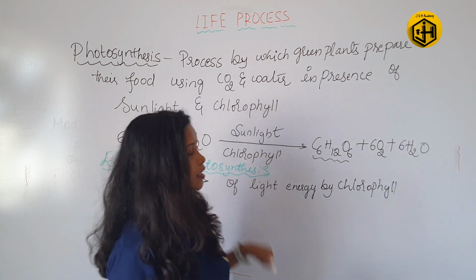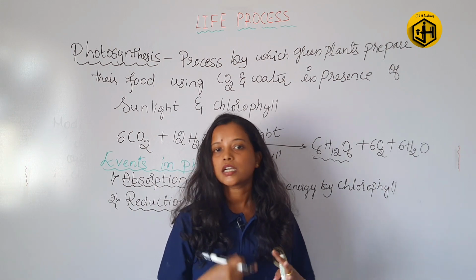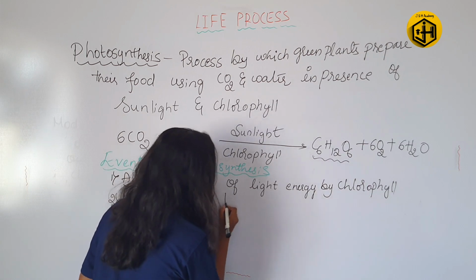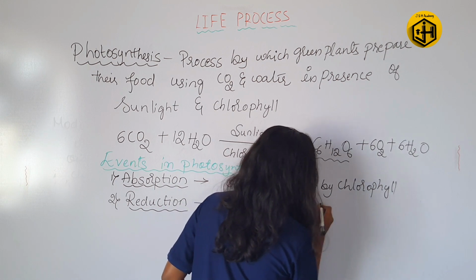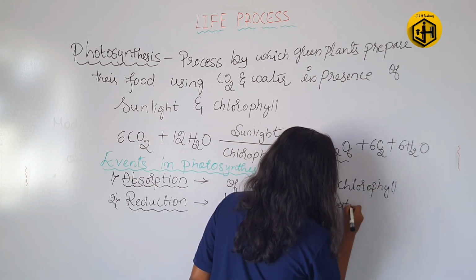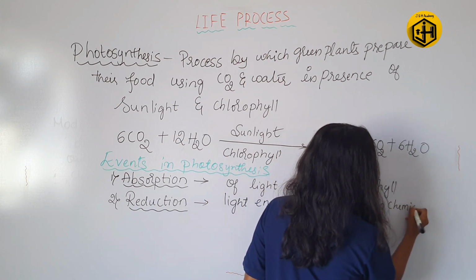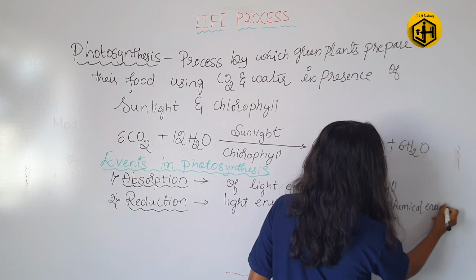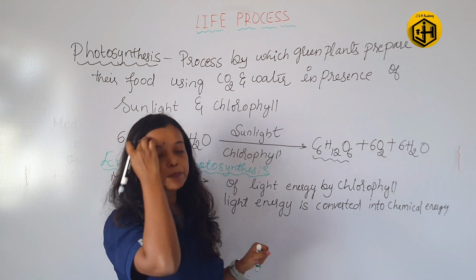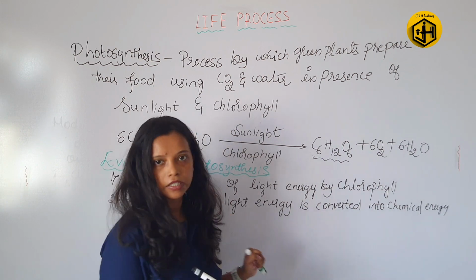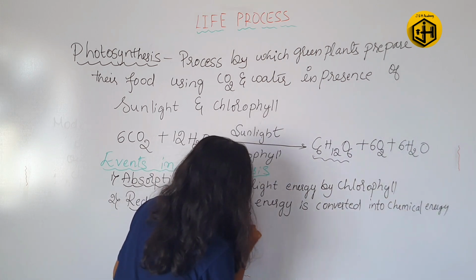So in the second step of photosynthesis, light energy is converted into chemical energy. Not only this, there will also be splitting of water in this step.